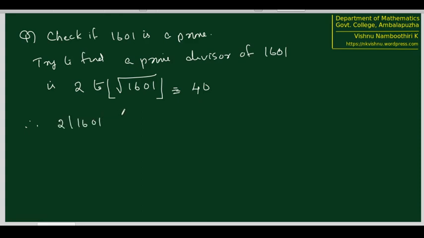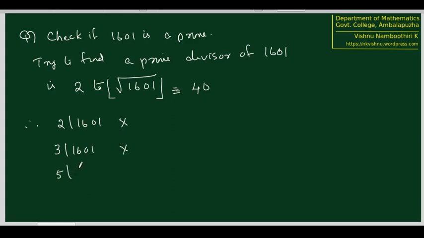Therefore, we have to see, does 2 divide 1601? That's the first question, and the answer is no, because it's not even. Now, what about 3? Does 3 divide 1601? If 3 divides 1601, then the sum of digits has to be a multiple of 3. Here it is 6 plus 1 plus 1. It is not a multiple of 3, therefore this is not true.